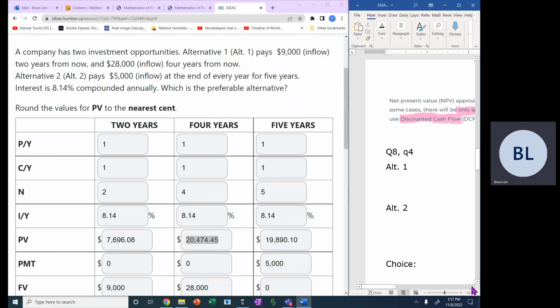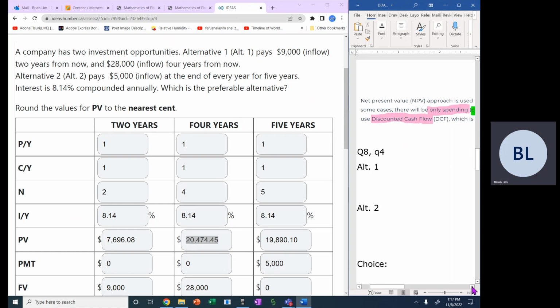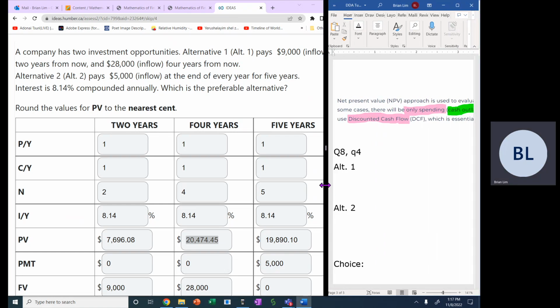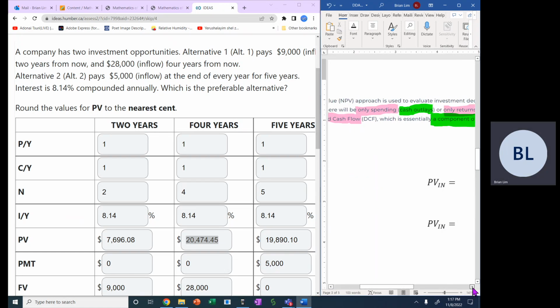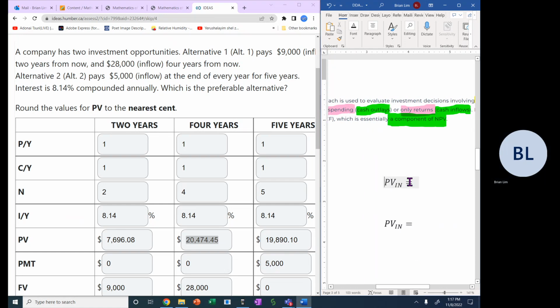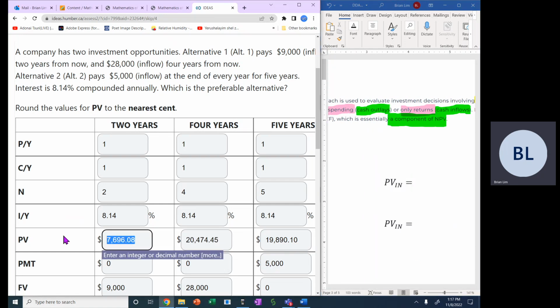So let's go. This is question number 4. Alternative 1, maybe if we can move things in a little bit, it will be a lot nicer. So let's go down here. This is alternative 1. The number would be these 2 numbers right here. So that is one of them, right? We can put that number in here, and to that, we will add this number over here.